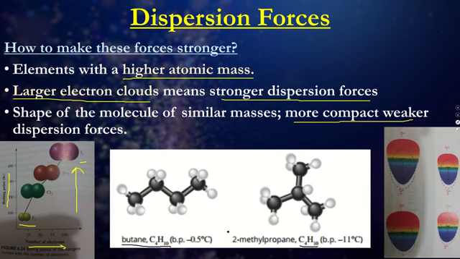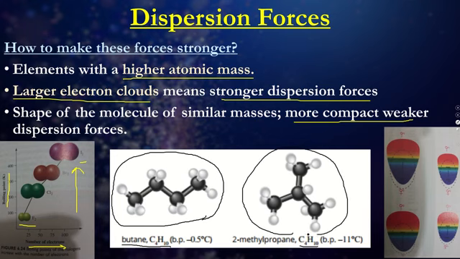So they have the exact same formula, but as you can see, this compound here is less dense than this compound here. So this compound is way more compact, which means the electron clouds are less spread out, and so that reduces the overall dispersion forces. Because the electrons here are spread out a bit more across the molecule, it allows for greater dispersion forces to be created.